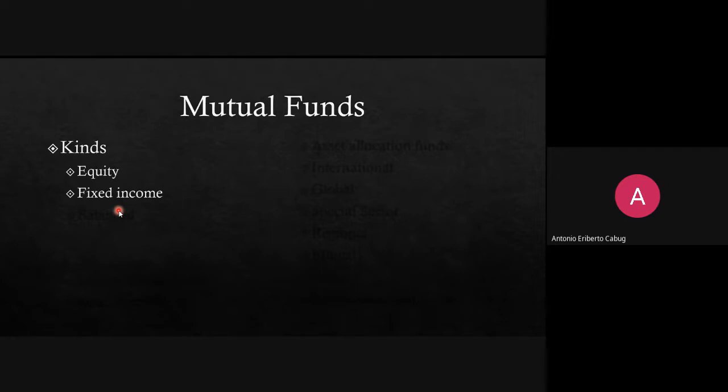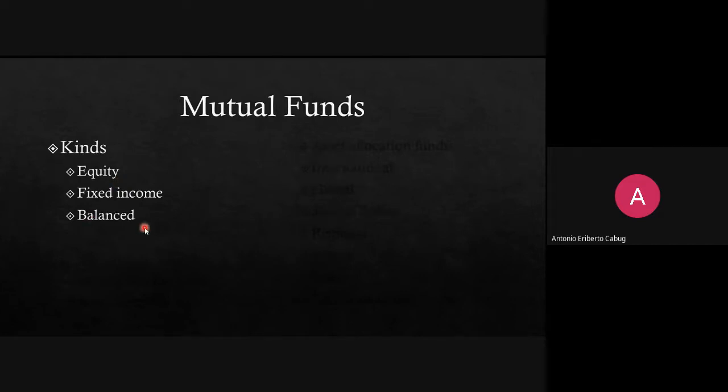Bonds are long-term debt securities. Money markets are short-term debt securities. It's also possible to have a balance fund, which would consist of both equity and fixed income. Combination ng stocks tsaka bonds. Balance fund yung tawag doon.